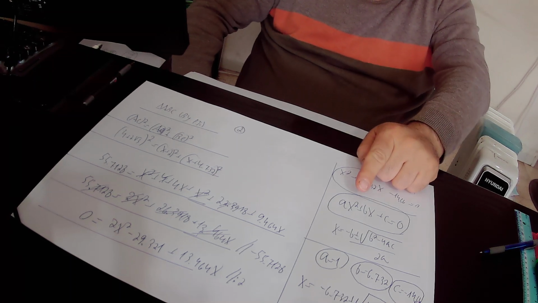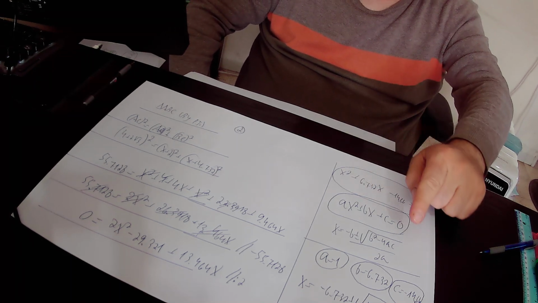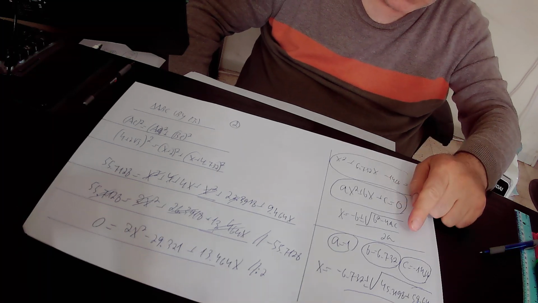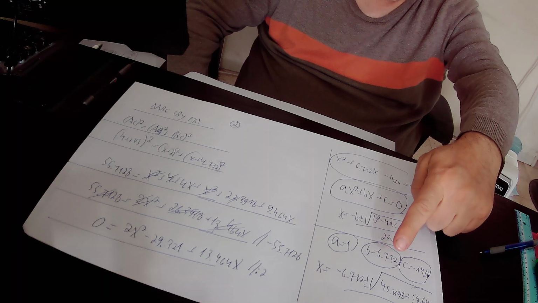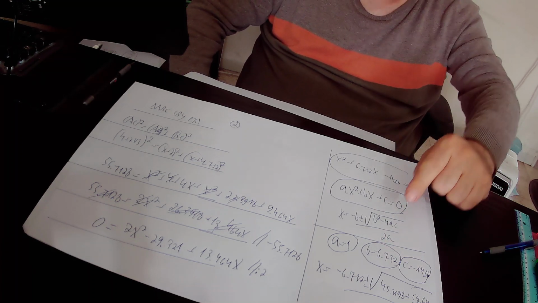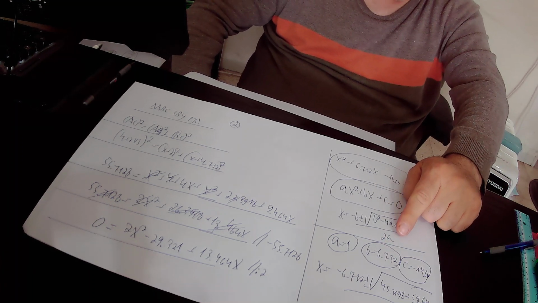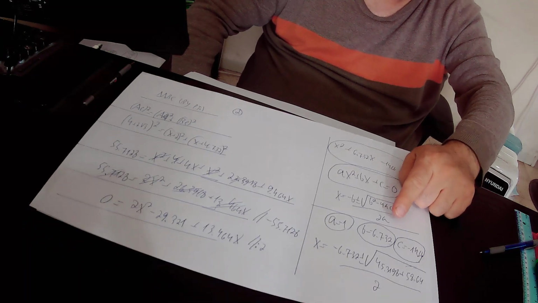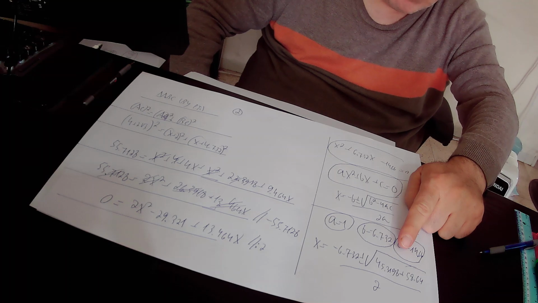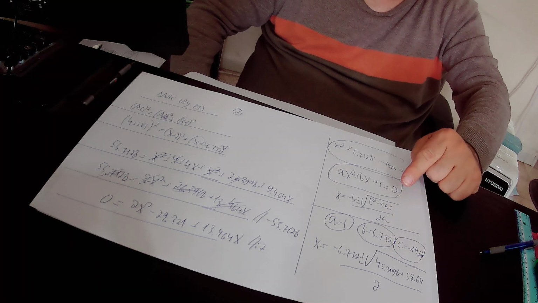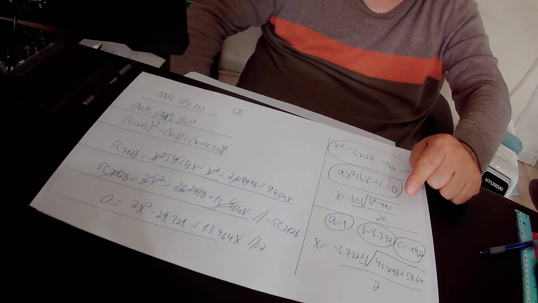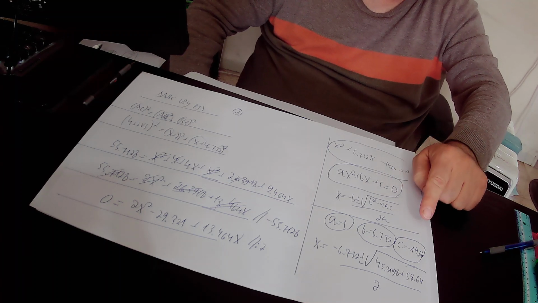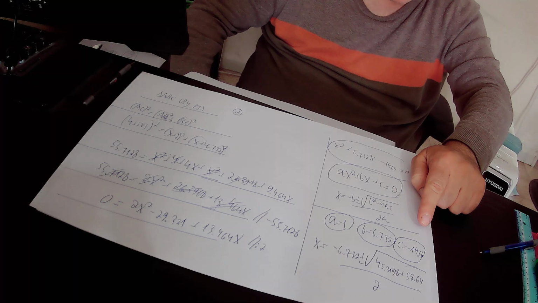So we found that x equals minus b, b equals 6.732, therefore minus b is minus 6.732, plus or minus square root of b squared. B is 6.732, therefore b squared is 6.732 squared, that is 45.3198, minus 4 times a, which is 1, so minus 4 times 1 is minus 4, and minus 4 times c, that is minus 14.66.